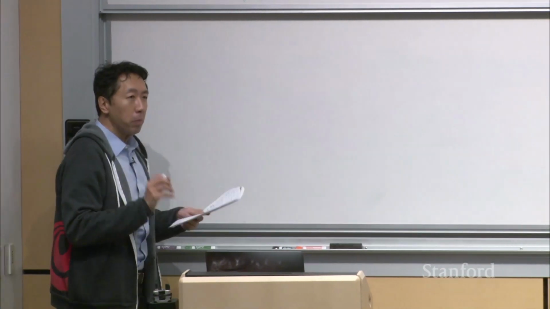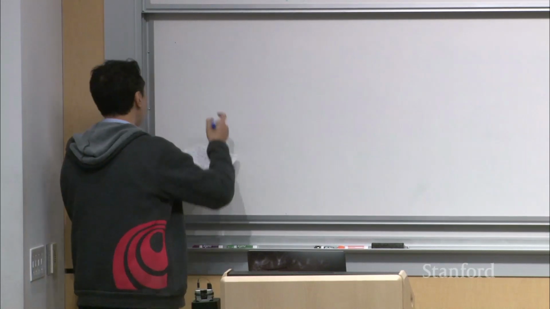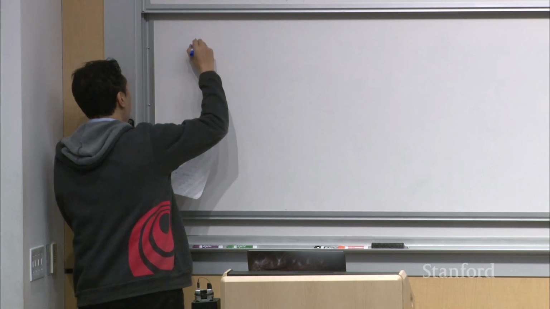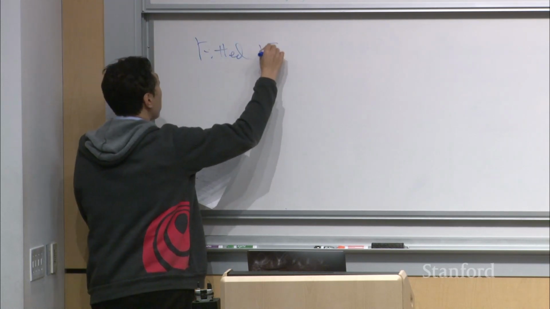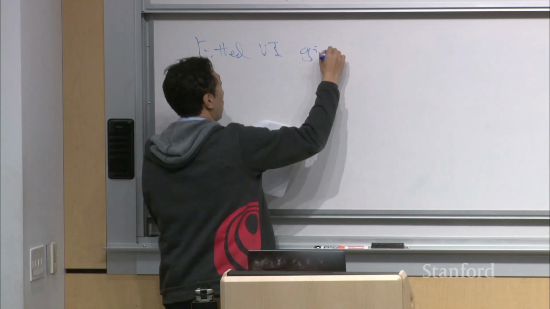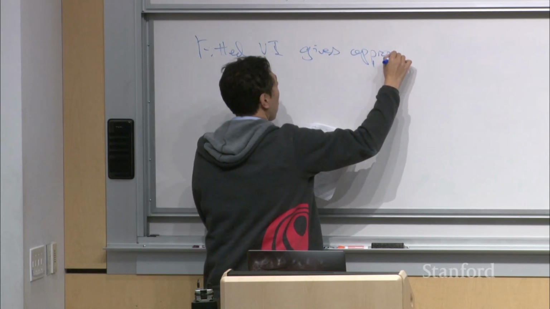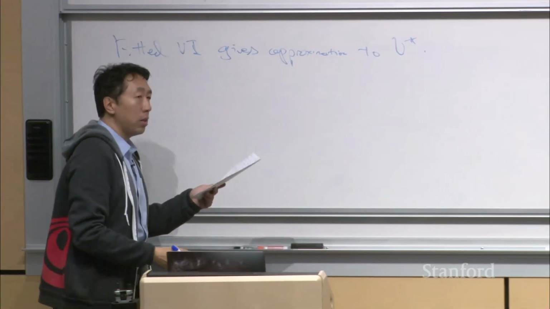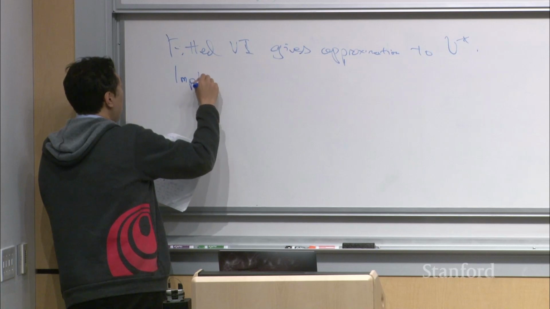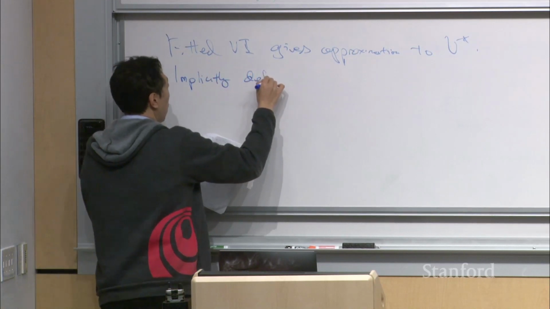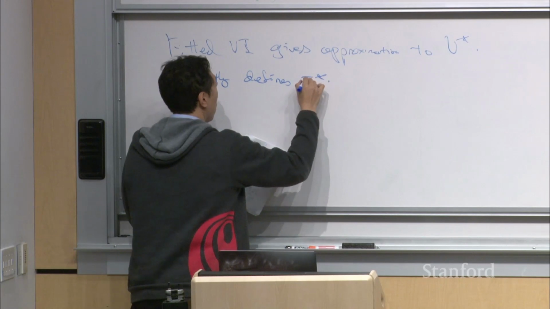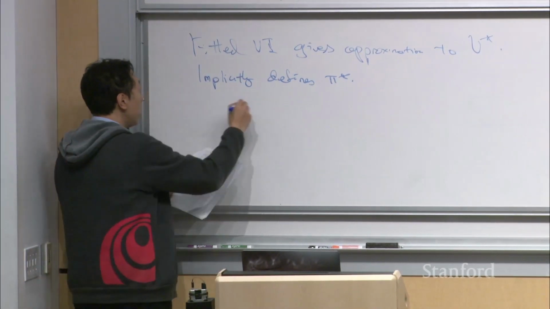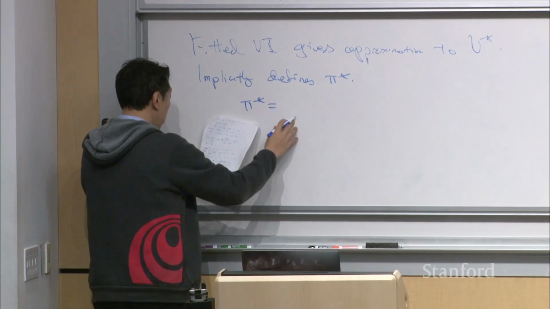All right. One last important practical implementation detail: fitted VI gives an approximation to V star, and this implicitly defines pi star, because of the definition of pi star.